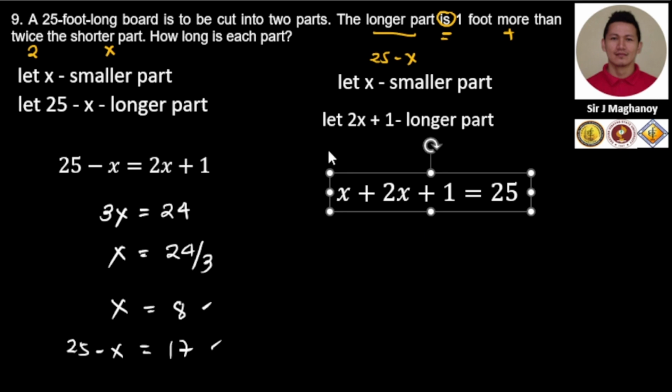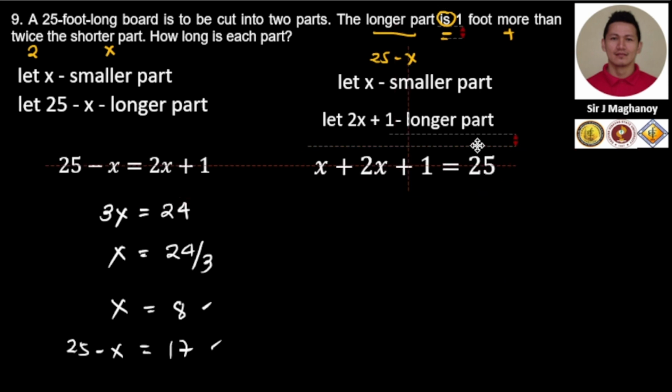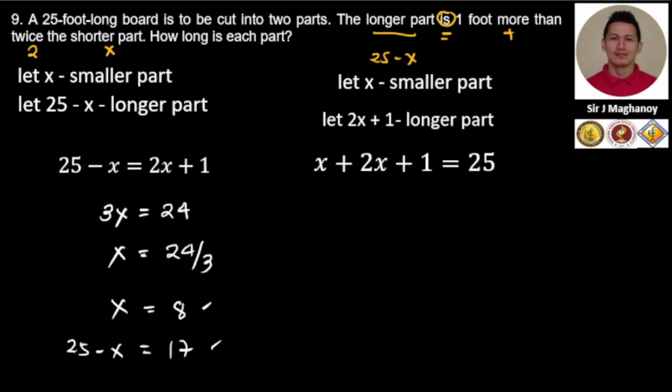Solving for the value of x from the equation, that is 3x, transpose positive 1, it will become negative 1. So 25 minus 1, that is 24.